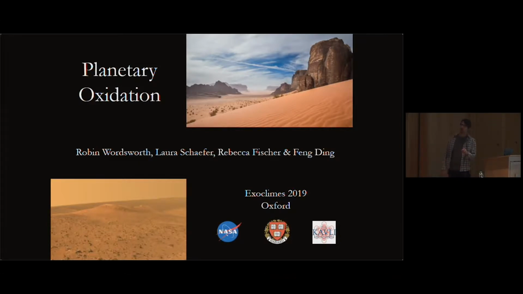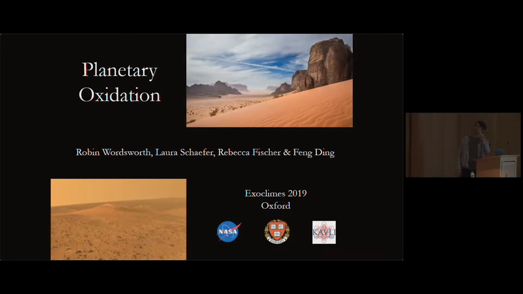So you have two examples here of oxidized planetary surfaces. The first is the surface of Mars as imaged from the Opportunity rover. And the second up here is not some sci-fi future scenario of Mars. It's actually Wadi Rum in Jordan, which is just one of the most incredible places that you could ever visit if you ever get the opportunity to go there.